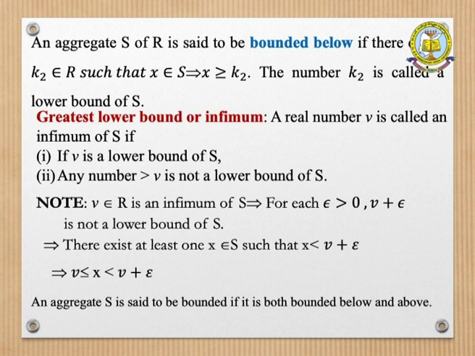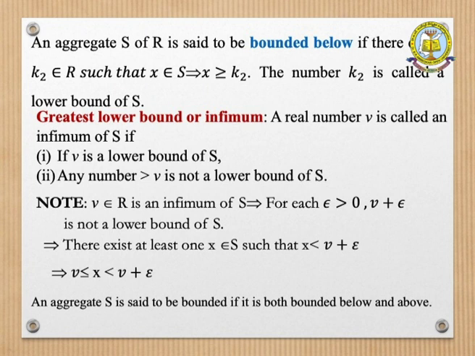Dear students, here you have to remember two things to learn about the Riemann integral. What are they? The element is less than or equal to the supremum, and the supremum is less than or equal to an upper bound. Similarly, the infimum is less than or equal to the element, where the lower bound means there exists x belongs to S such that v is less than or equal to x, strictly less than v plus epsilon.